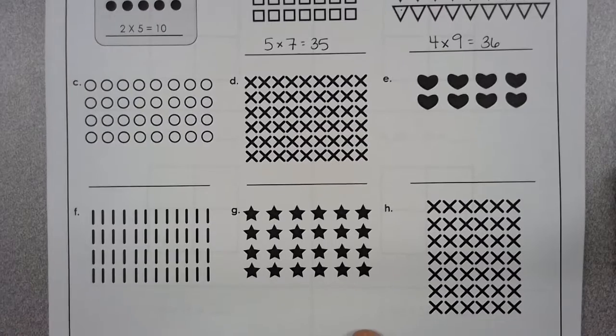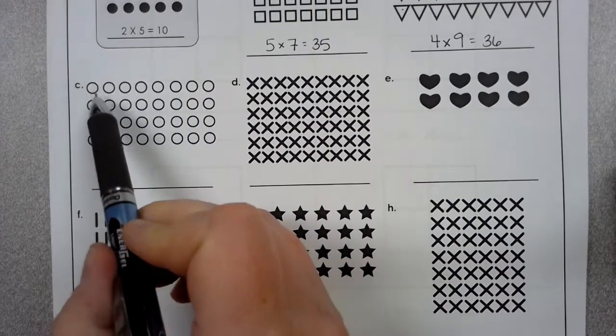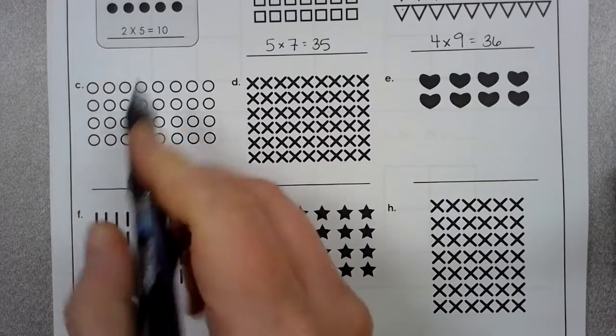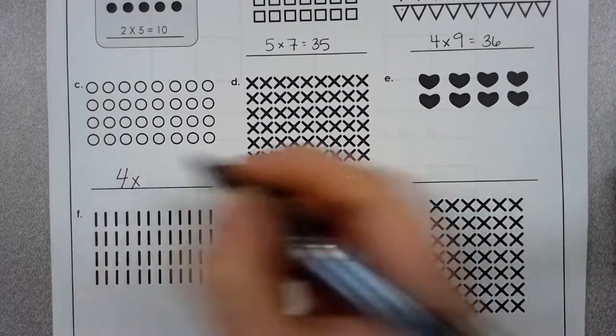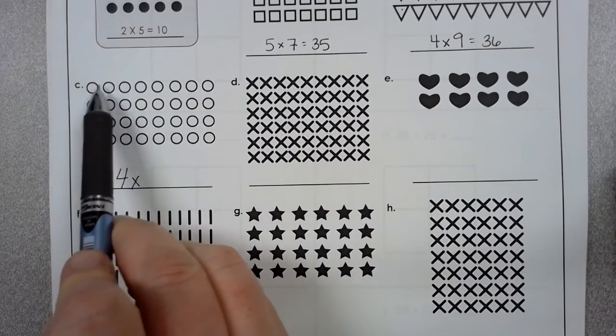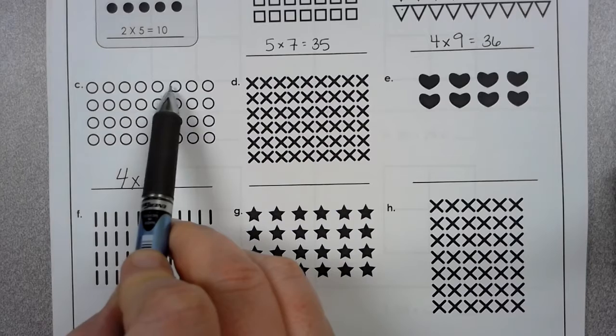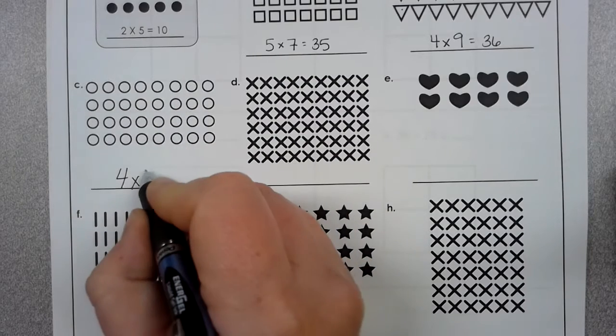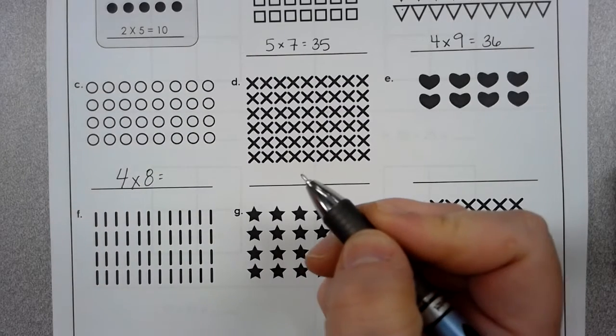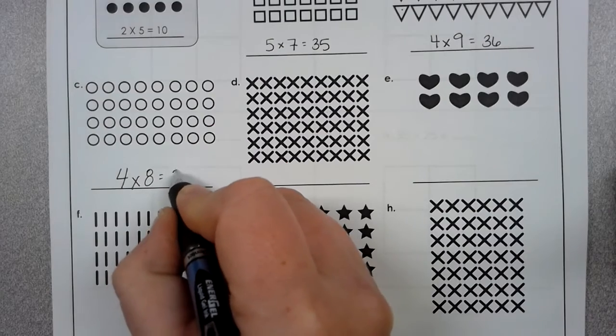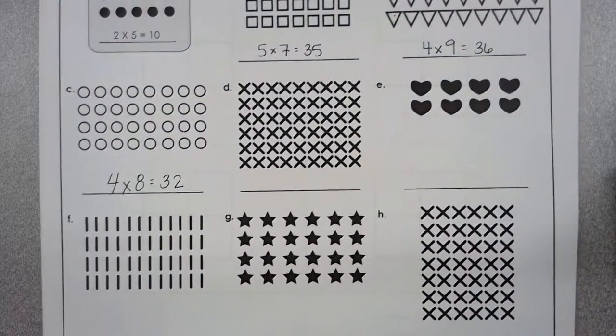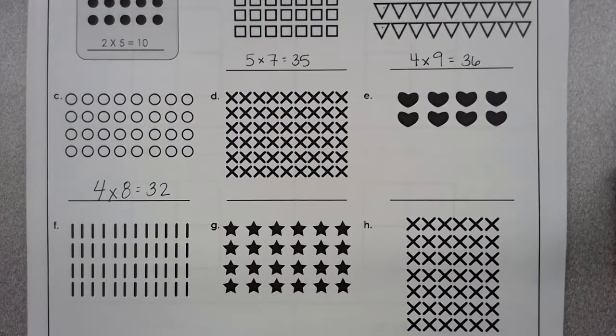All right, letter C. We have 4 rows of 8, and you should know 4 times 8 is 32. Ooh, these X's.